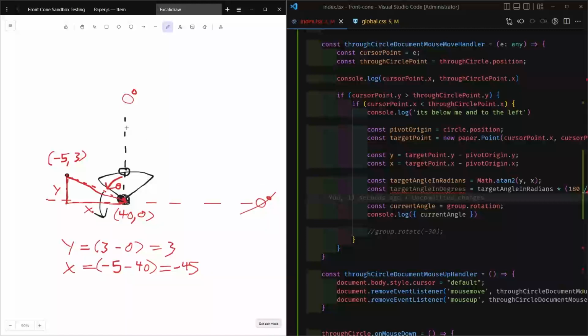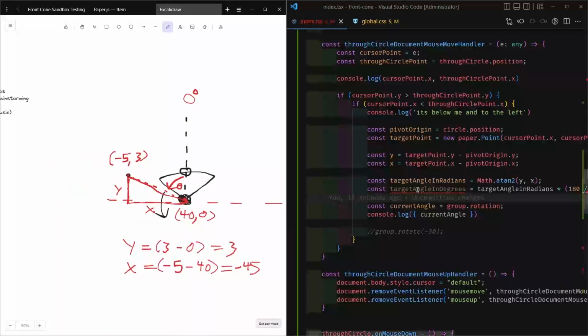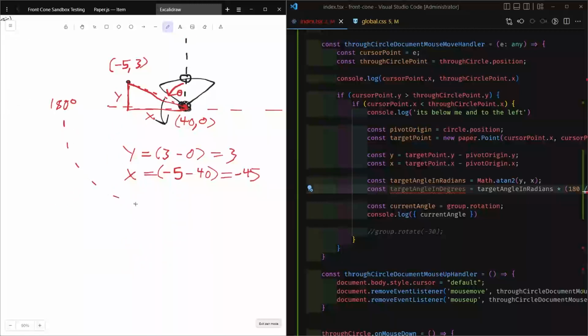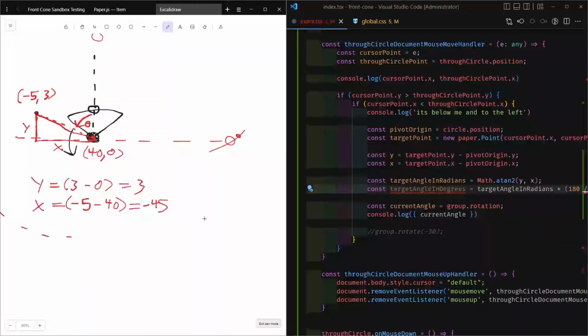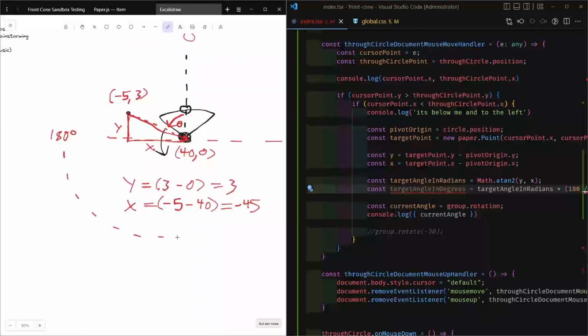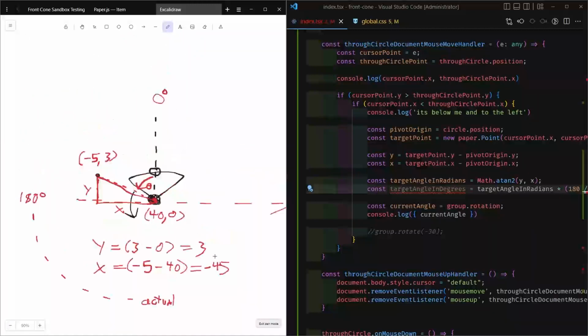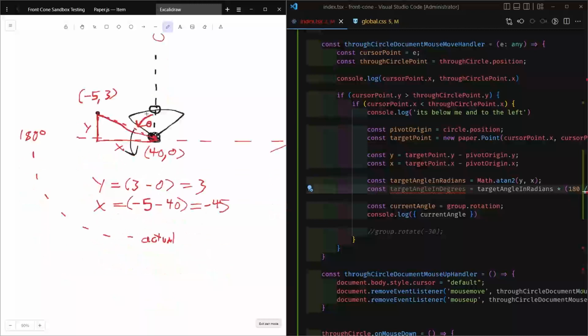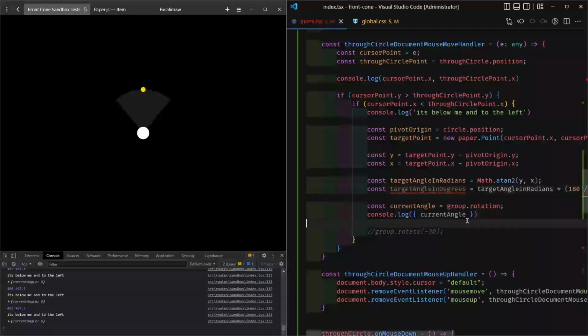Meaning, if we get a target angle of 180 degrees, that would actually put us over here. Meaning we just need to subtract 90. But it's not that simple, because you're dealing with negative angles sometimes, so it may or may not work, I'm not sure.